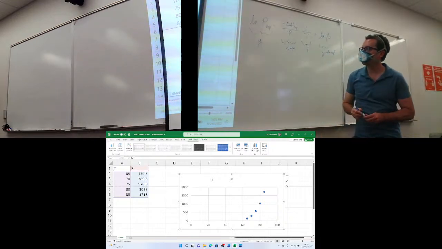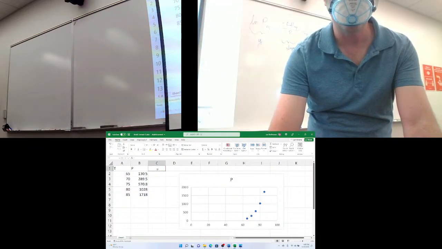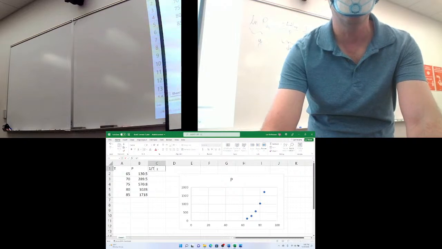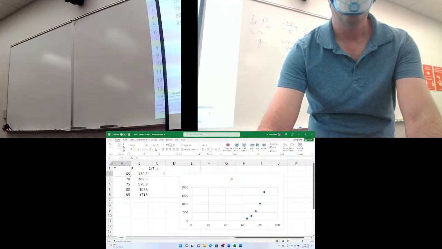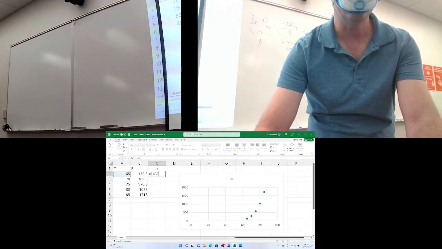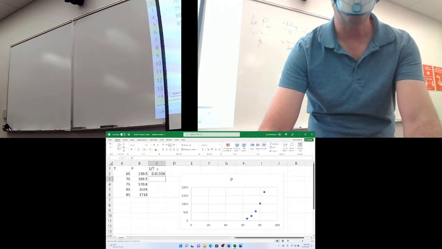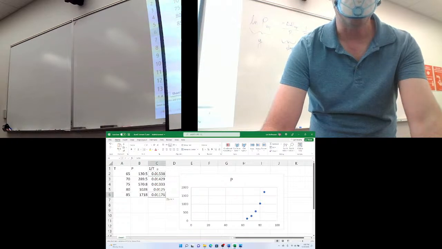So we have to transform this data. I am going to instead now do 1 over the temperature. And in Excel, you can just do equals 1 divided by this number, and I can copy it all the way down. So that's 1 over this temperature.